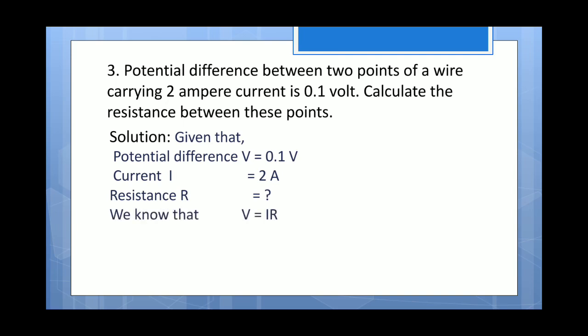So, using the formula V is equal to IR, R will be V upon I, and R is equal to 0.1 upon 2, and we get the value of R is equal to 0.05 ohm.